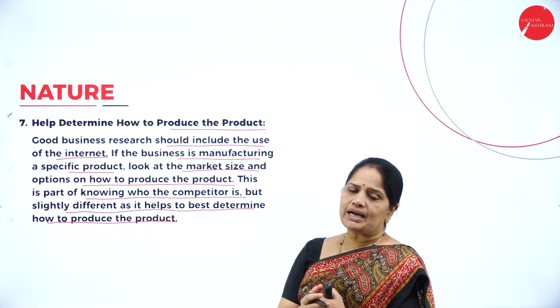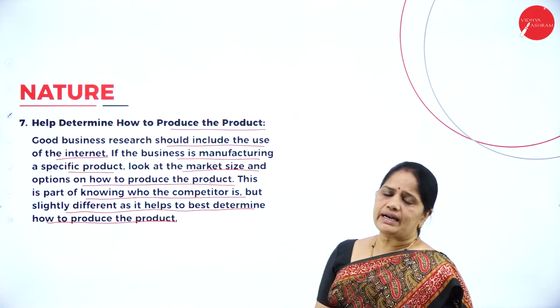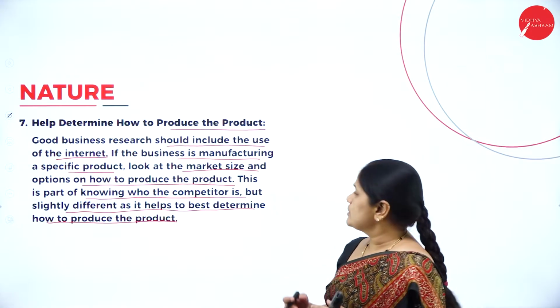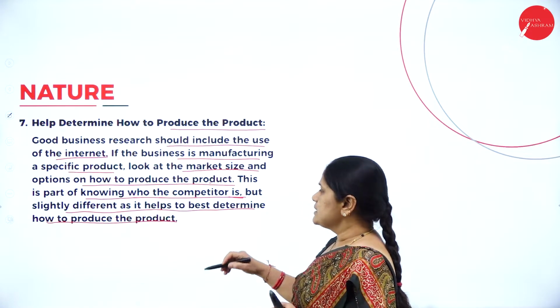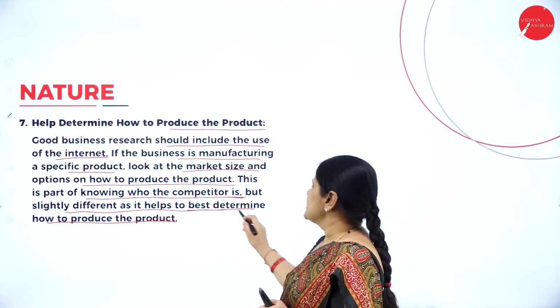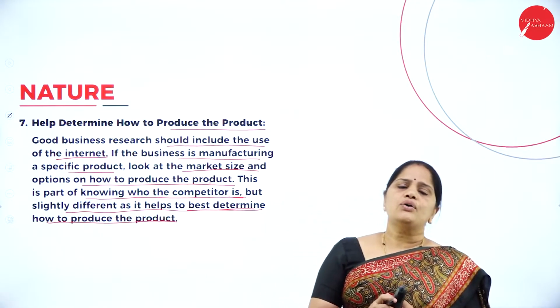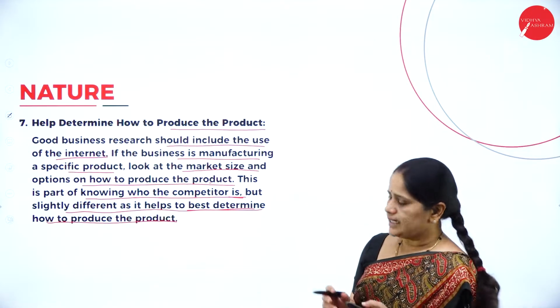What kind of market size do you have, whether you can sell daily 10,000 units or 1 lakh units of the product, or whether you can sell only 100 units. This is a part of knowing who the competitor is, but slightly different, as it helps to best determine how to produce the product. So you should know how to produce the product also. This we can do with the help of the internet.